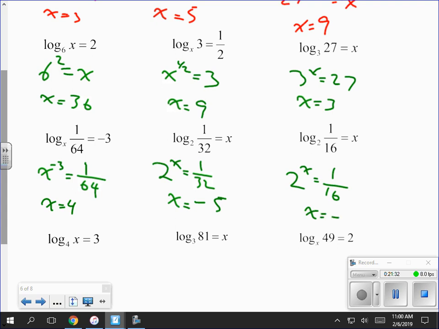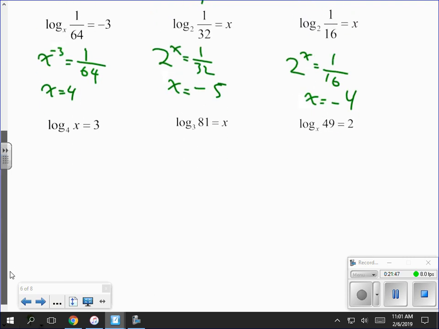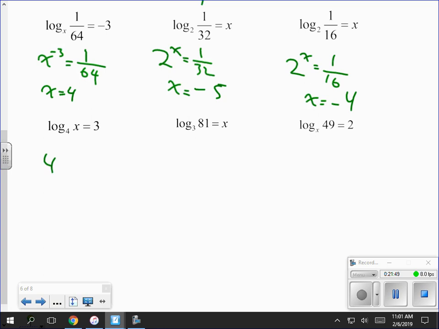So x equals negative, because I have 1 over, so it's got to be a negative power. Yeah, 2 to the 4th is 16. Four cubed equals x. This is easy. 4 cubed is 64.